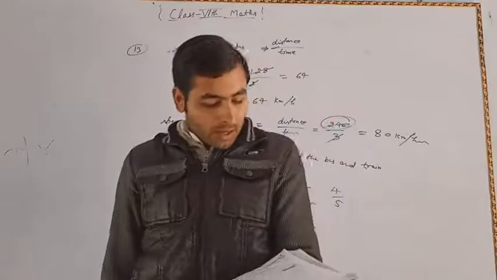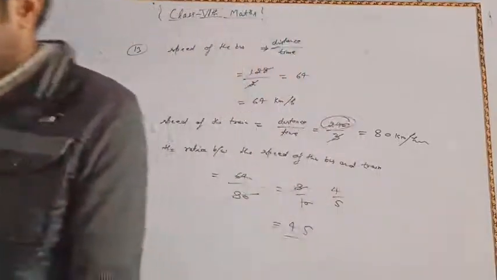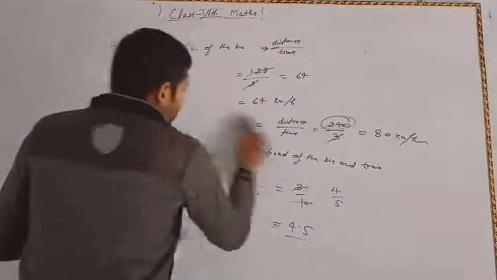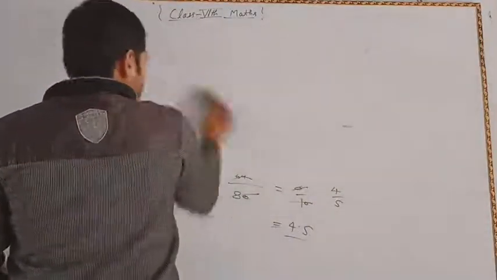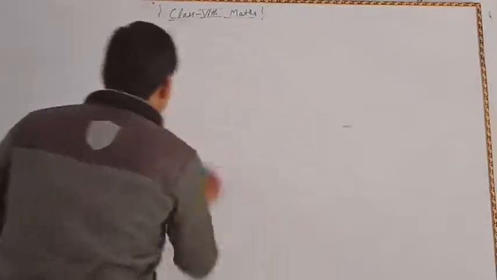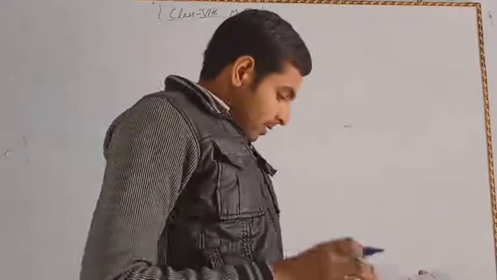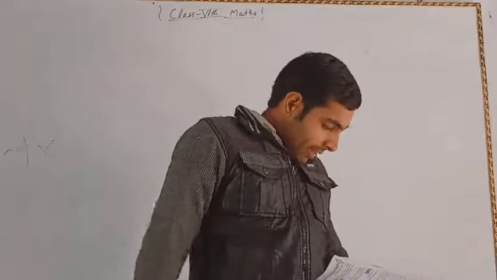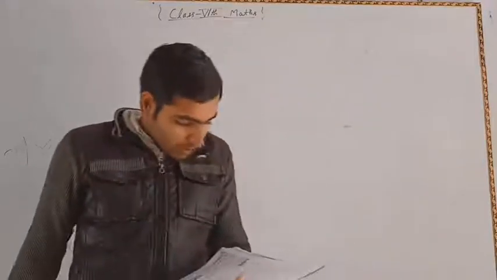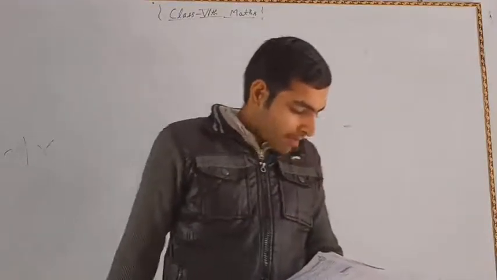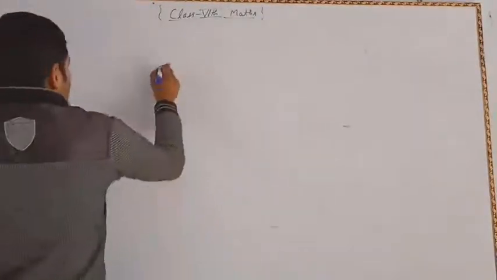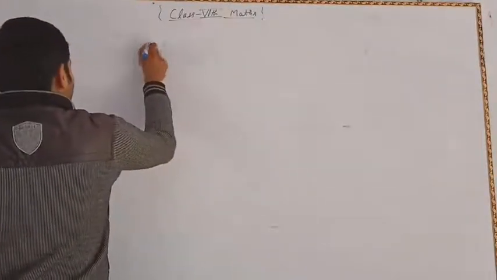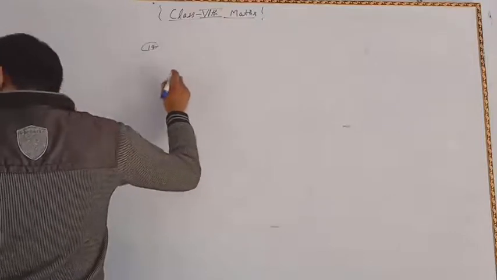Again, divide rupees. Given that divide rupees 104 between Gopi and Vani in the ratio 5:4. This is problem number 14.